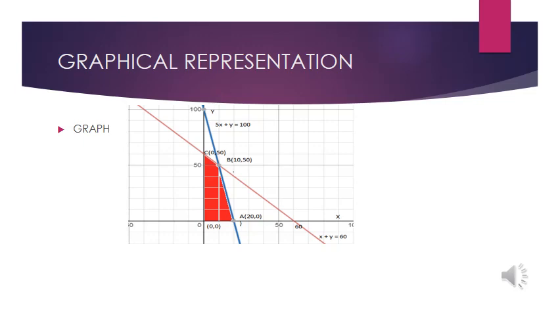Then mark the corner points O(0,0), that is the origin, and A(20,0), B(10,50) and C(0,60). These four corner points or the vertices of that quadrilateral are known as the corner points of this feasible region.